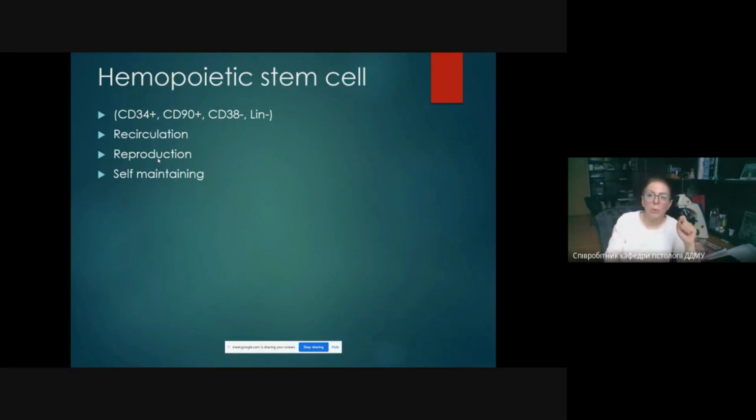And what important property or characteristic of the stem cell helps us to use them in practical medicine? This is the recirculation. I want to highlight that hematopoietic stem cells are not retained 100% in the red bone marrow. They might enter the bloodstream and circulate to enter another site of the red bone marrow.